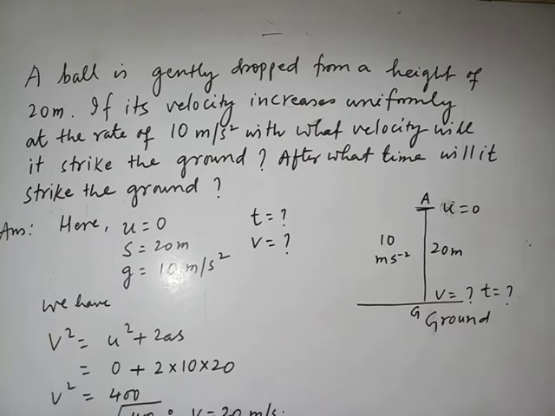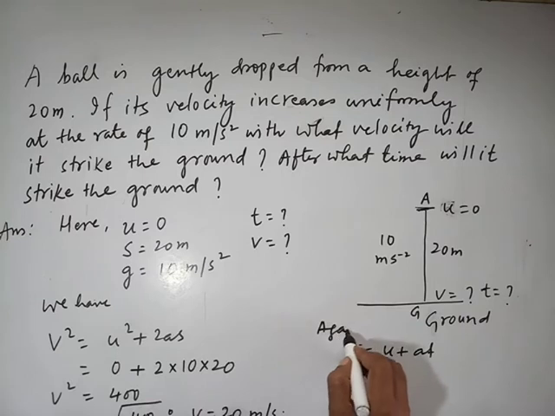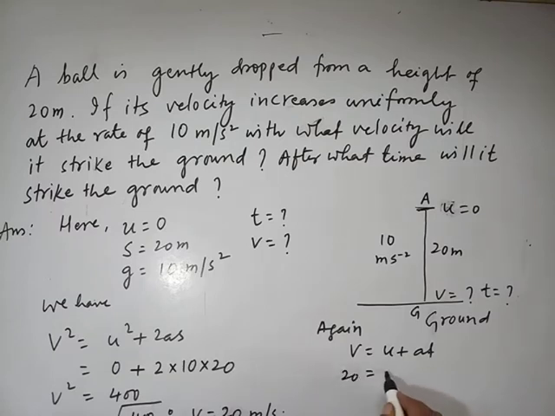Next we have to find the time. The velocity time equation is v is equal to u plus at. Again, to find the time, use this velocity time equation. V you have got as 20, u is 0, a is 10 here, and t we have to find.